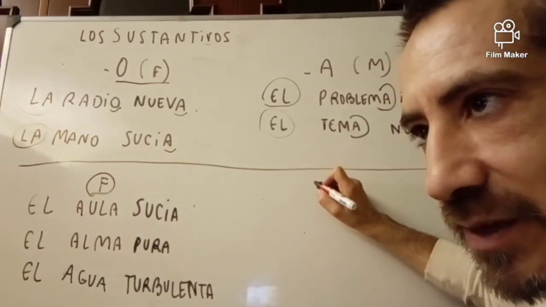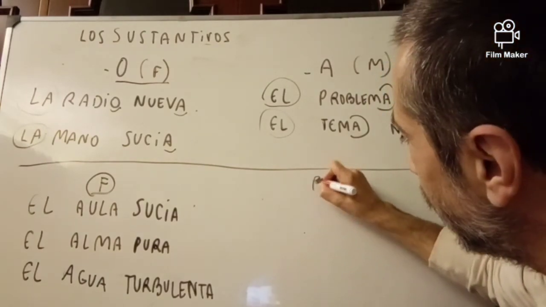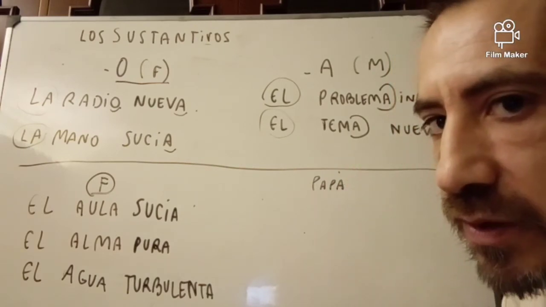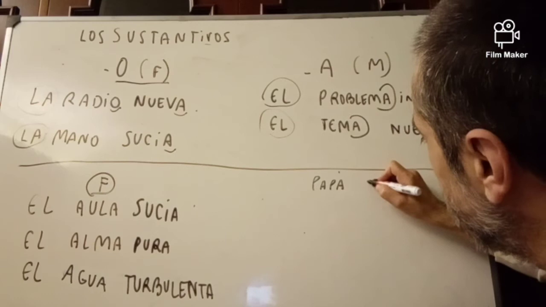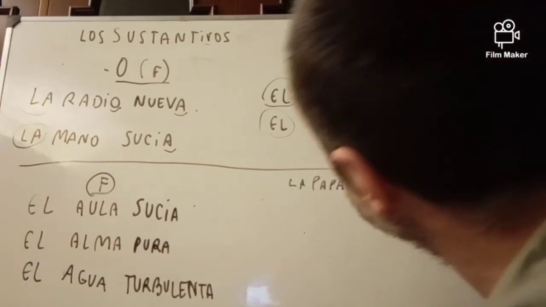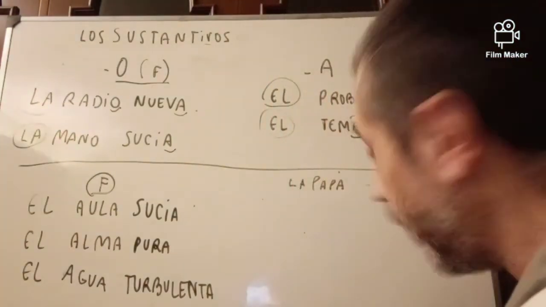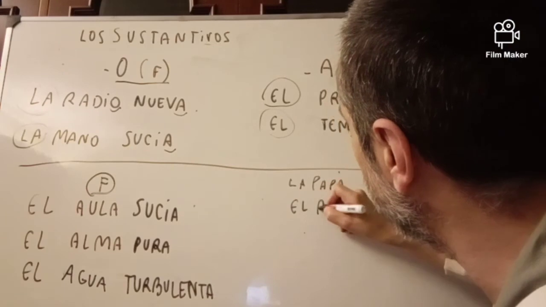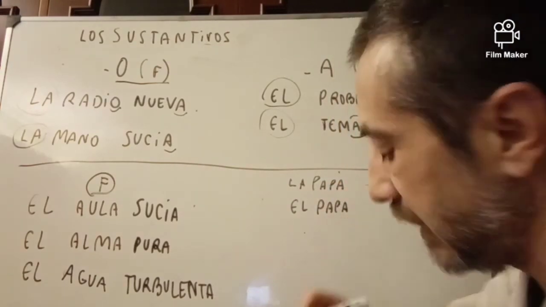There is a special case in Spanish with the word papa. If it's referred to potato, it's feminine, la papa, the potato. If we are talking about the Pope, we say el papa because it's a man.